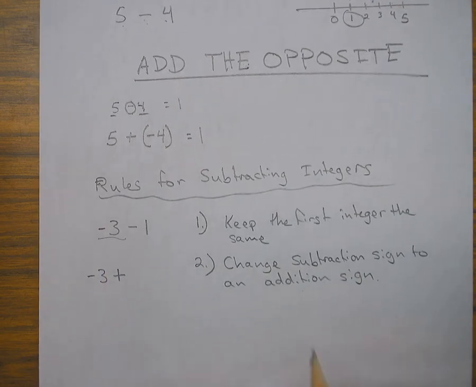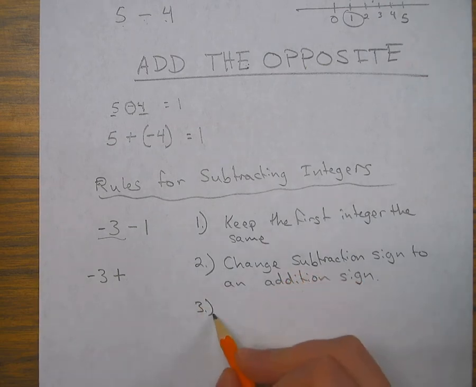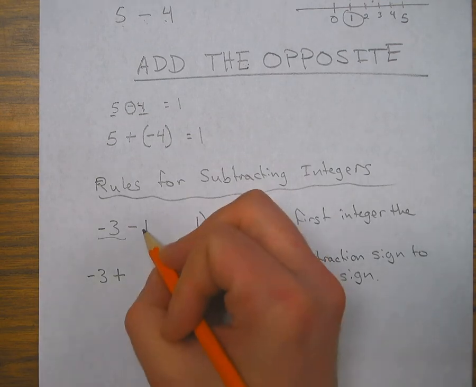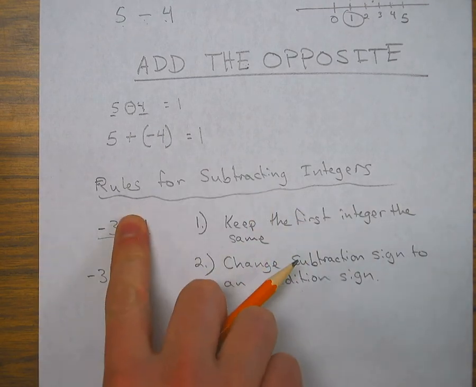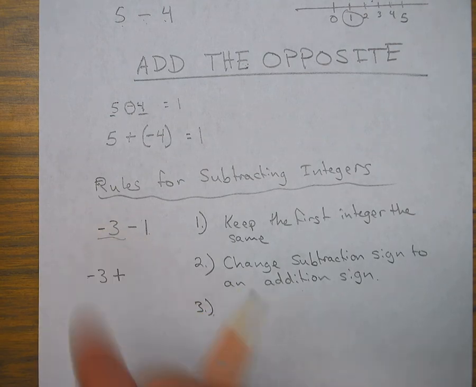Number 3 is I change the integer after the subtraction sign to its opposite. So remembering that this is +1, a lot of people will get confused and think it's -1, right? But it's a -3 minus a +1.